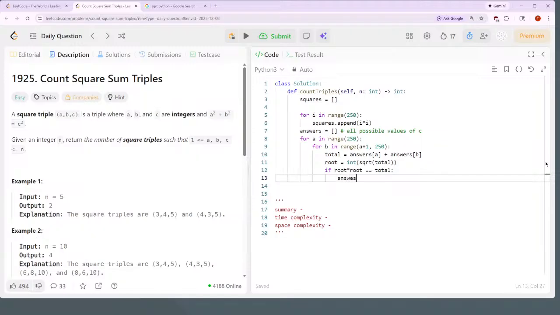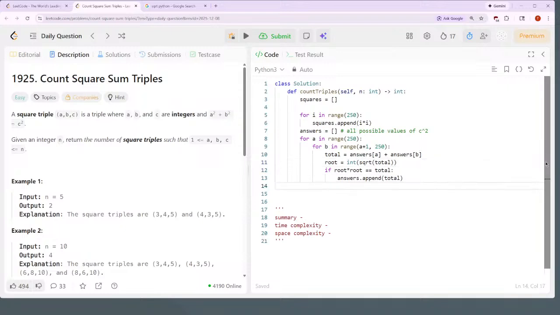Then answers, I think, append total, all possible values of c squared rather than c.